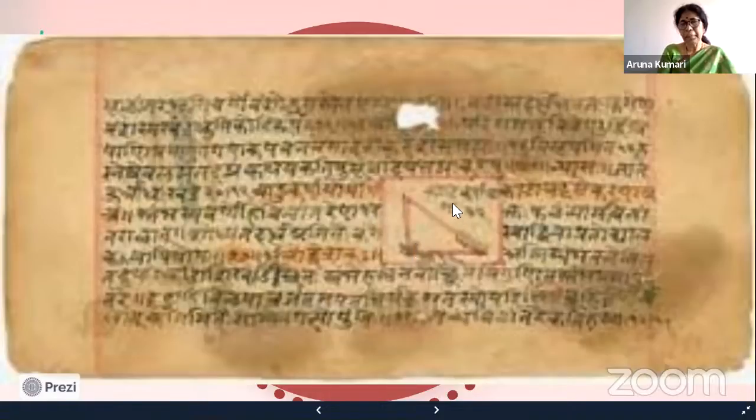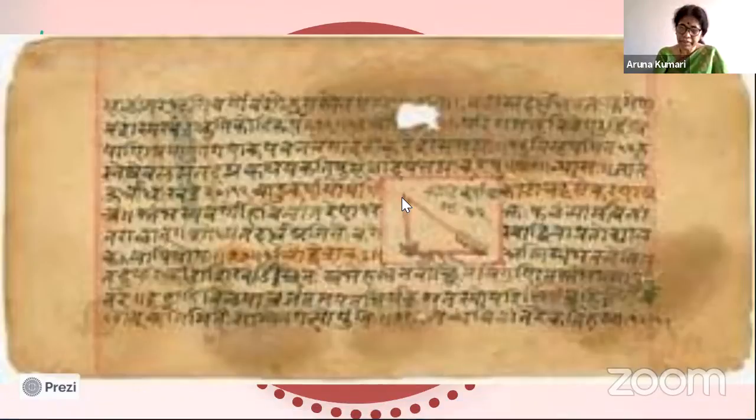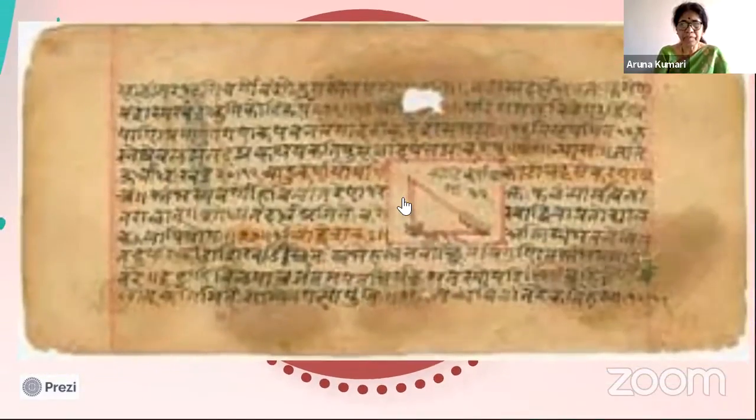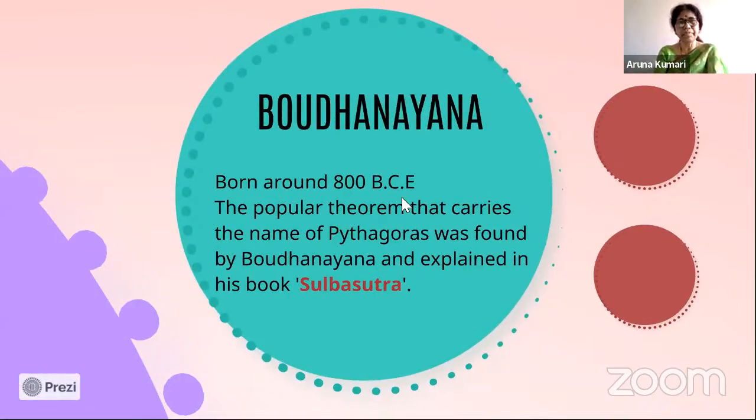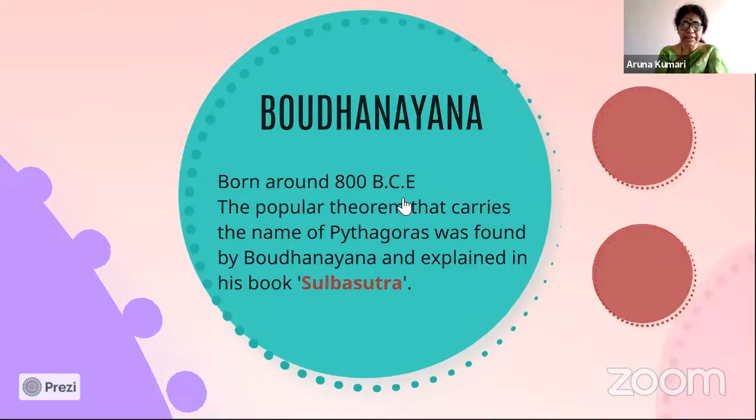That means hypotenuse squared equals base squared plus height squared. It is explained in this book, but nobody knew about it. After Baudhayana, Pythagoras came and explained it, so the theorem became known as the Pythagoras theorem.